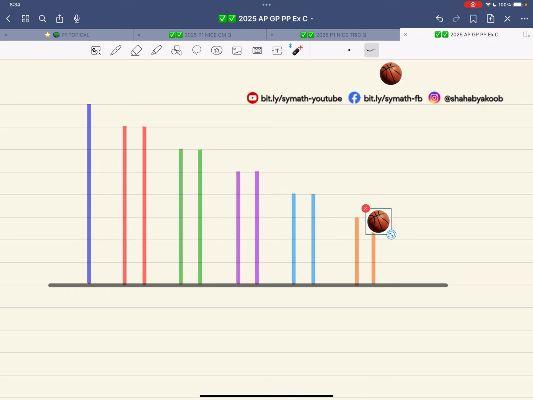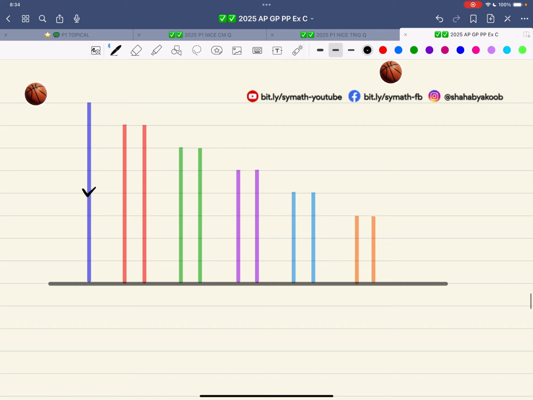Now let me do some labeling over here, and this basketball, I'm putting it on the side. Now I am dropping this basketball from a particular height, and this is hitting the ground for the first time. So this is the first hit. After the first hit, it's going up and then it's coming down.